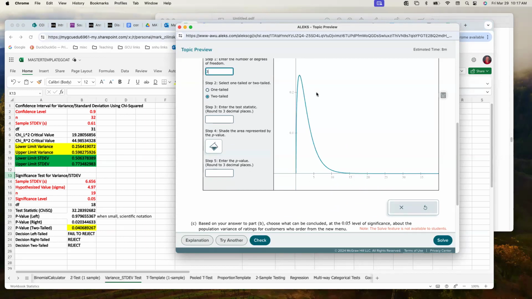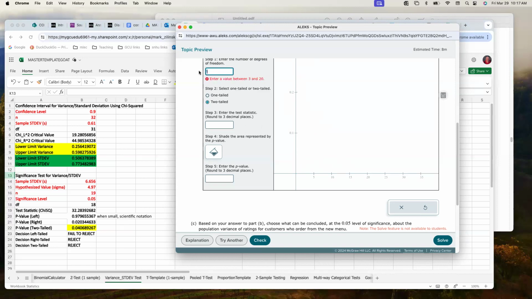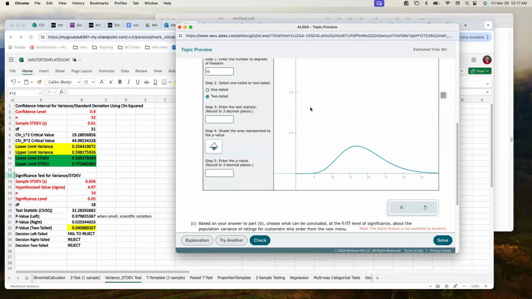Okay, so you see how skewed that is. Then if I go to say 7, and then 8, you can see that the skewness is kind of going away here, but for us, we need to go to 19. I think you can see what happens once n gets so big, it actually becomes essentially normal.